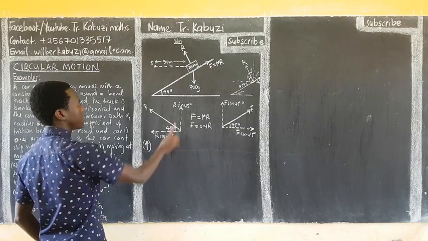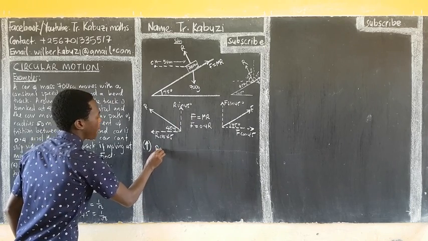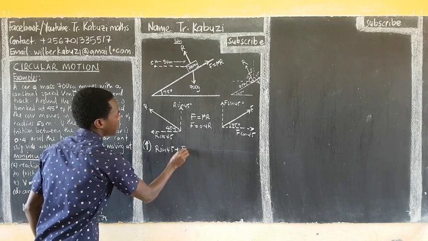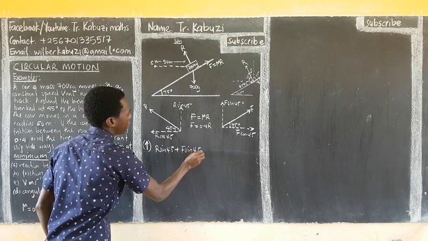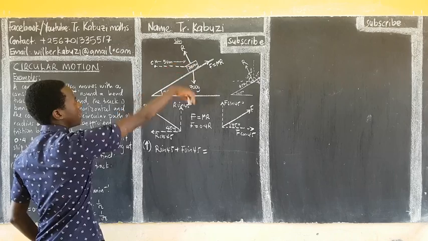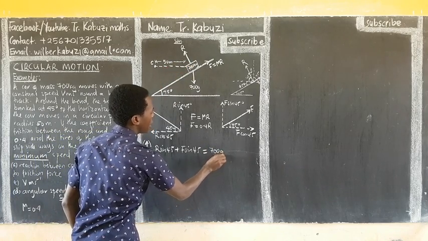So resolving upwards, we have this and this, all of them are going upwards. So we have R sine 45, then plus F sine 45 equaling to, the only force acting downwards is the weight, which is 700 g.